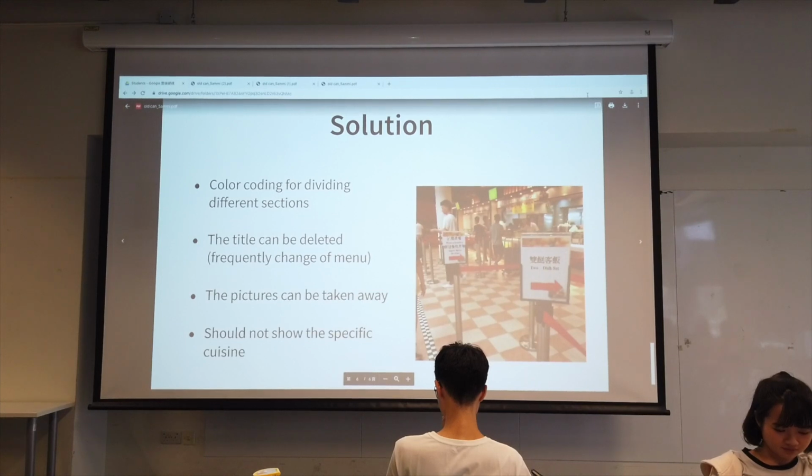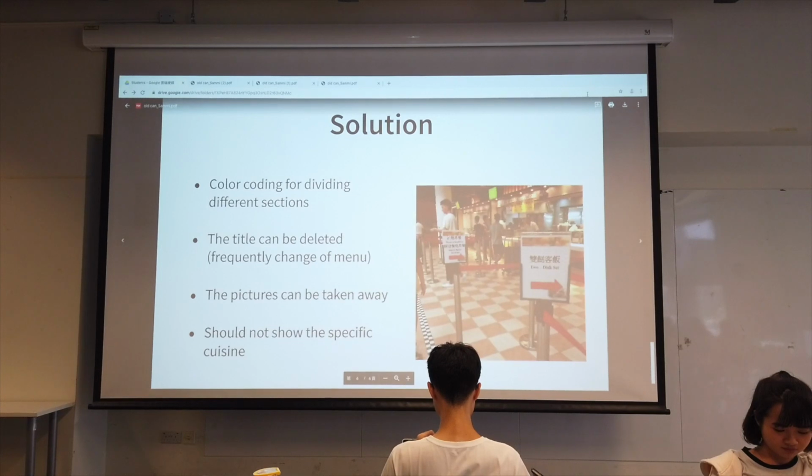They can just change the menu and tell people to go to the other section, rather than changing the title and the picture, which is a limit and cannot be changed easily. But colors can be changed much more easily. So not showing the specific cuisine and not having the title provides flexibility for the menu and the positions to be changed too.